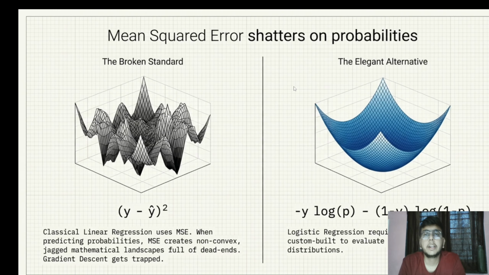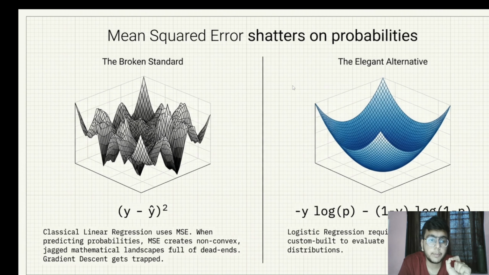Next thing, in linear regression, we use mean squared error as a cost function, but we should not use mean squared error as a cost function in logistic regression. Why? See here. Mean squared error on probability is the broken standard. Classical linear regression uses mean squared error.